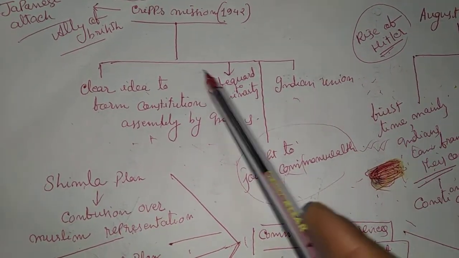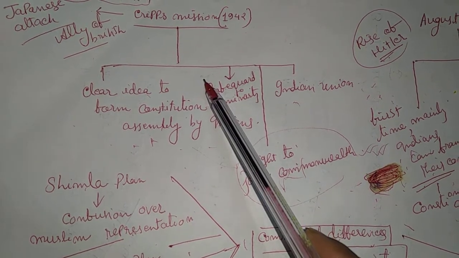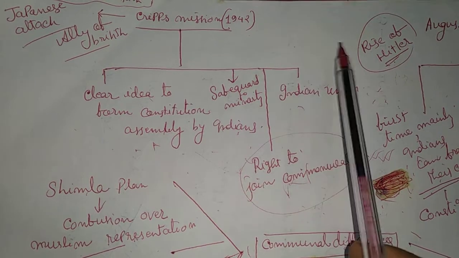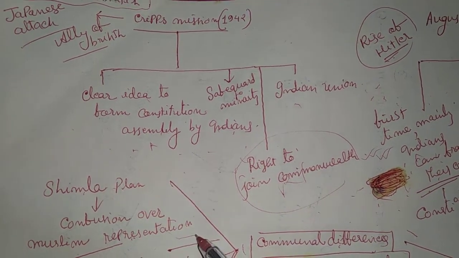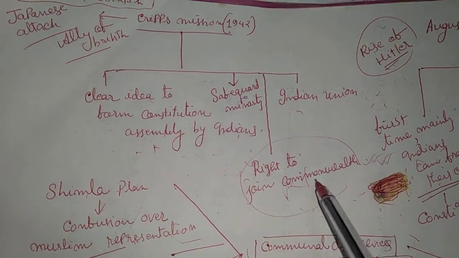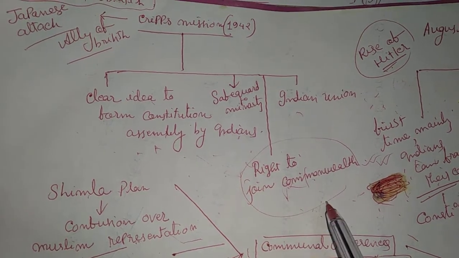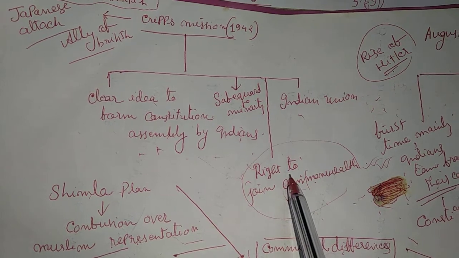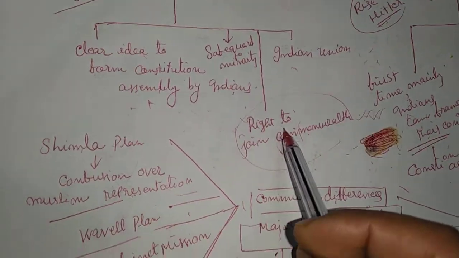So the impact of the Cripps Mission and the August Offer was very important in building the bedrock of the Indian Constitution, because through these two plans, India for the first time got the inherent right to form their own constituent assembly.